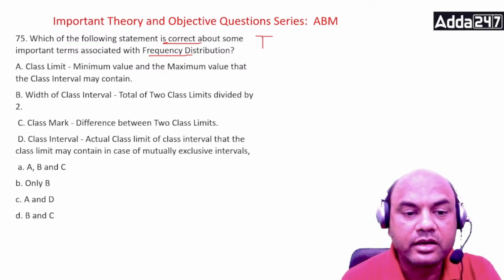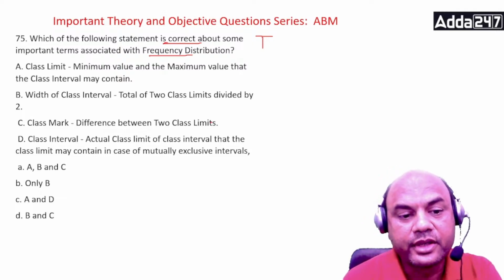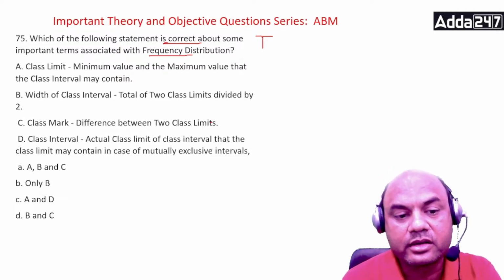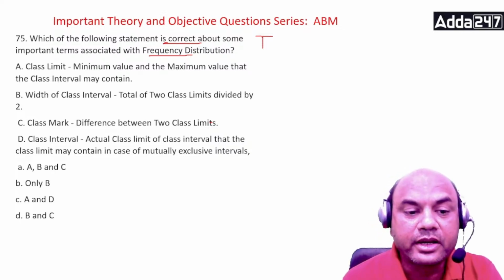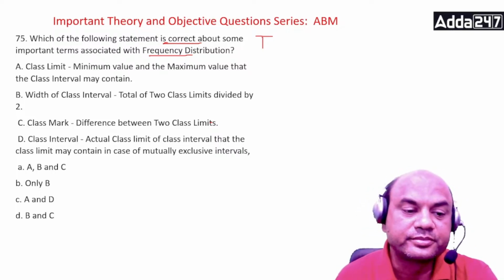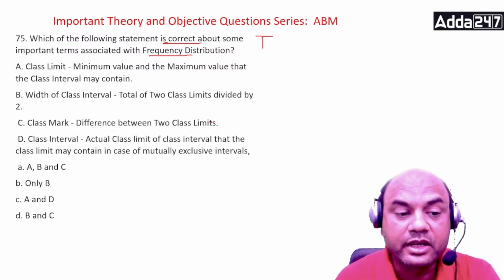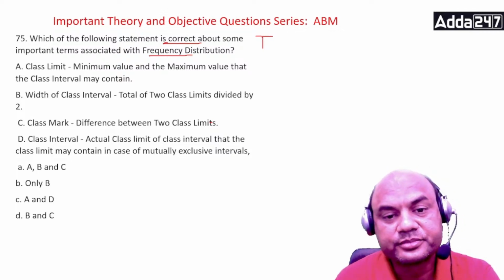Class mark: difference between 2 class limits. Class interval: actual class limit that the class interval may contain in case of mutually exclusive intervals. Now which one of them is correct? A, B and C; only B; A and D; B and C.